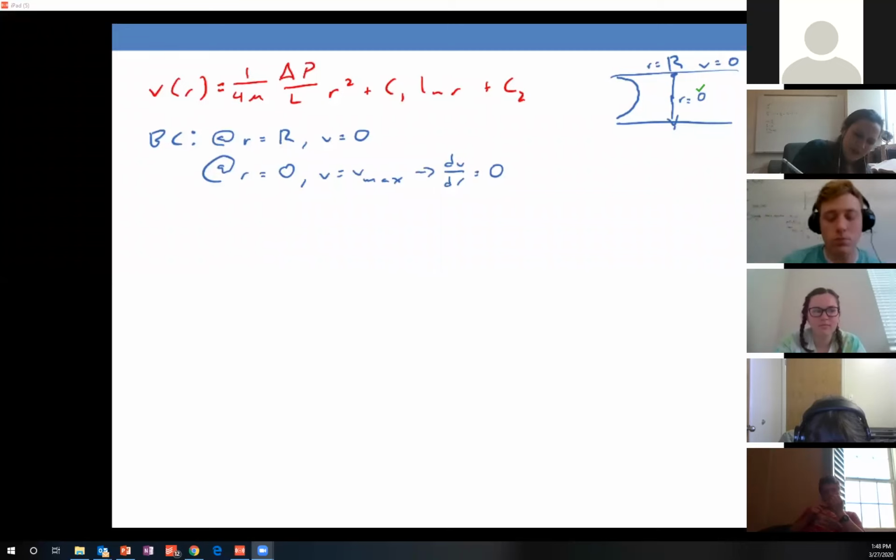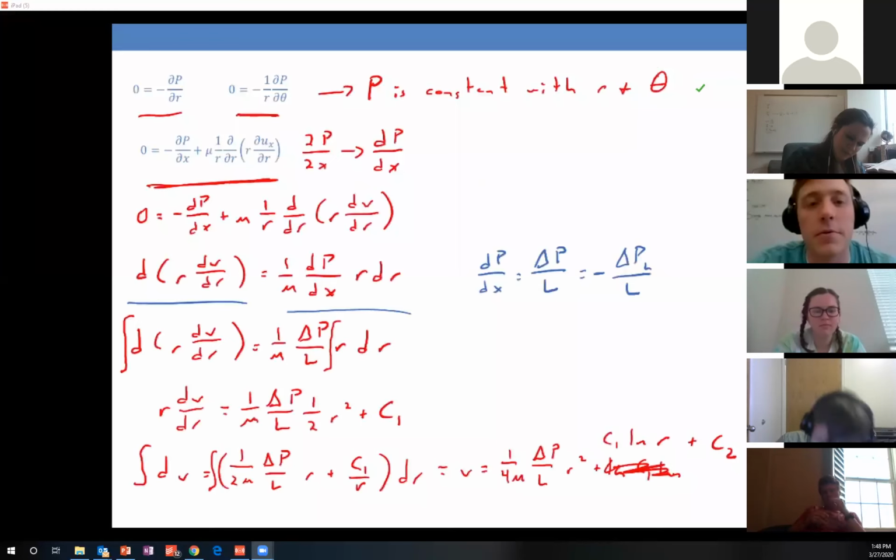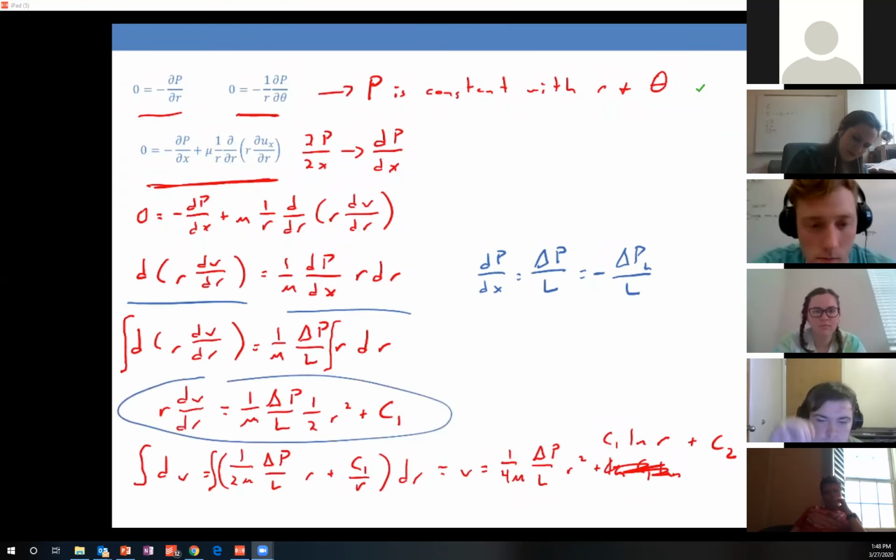So you will see why this is useful right there. If at R equals 0, dV/dr equals 0, look at this, which I'm going to write out again.